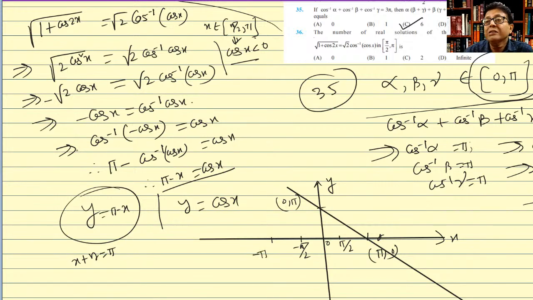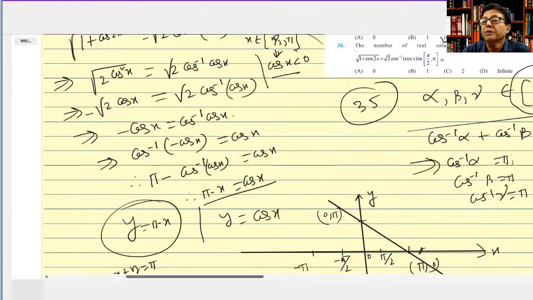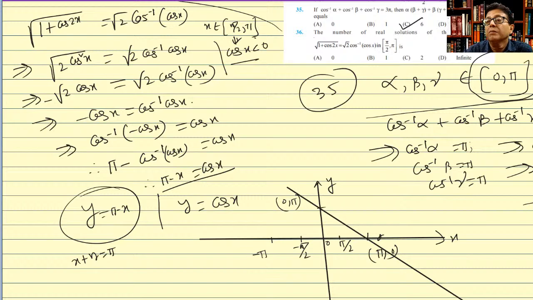So the cos x graph, if you try to plot, the graph of cos x, then it will be like this. No, not so big. The maximum value is 1, isn't it? The maximum value cannot exceed 1 for cos x.